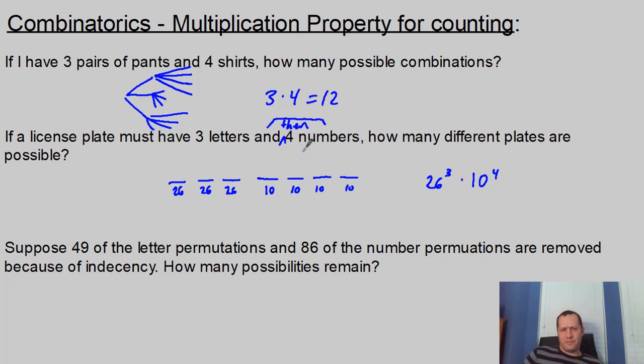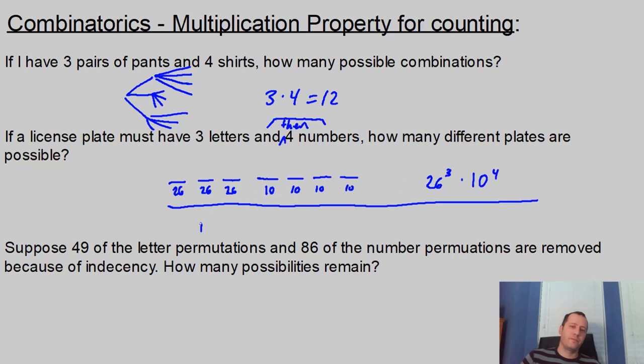What if it had to be the 3 letters together and the 4 numbers together, but you know they could go in either order? If it could go numbers then letters, then all you have to do is consider doubling this, right?